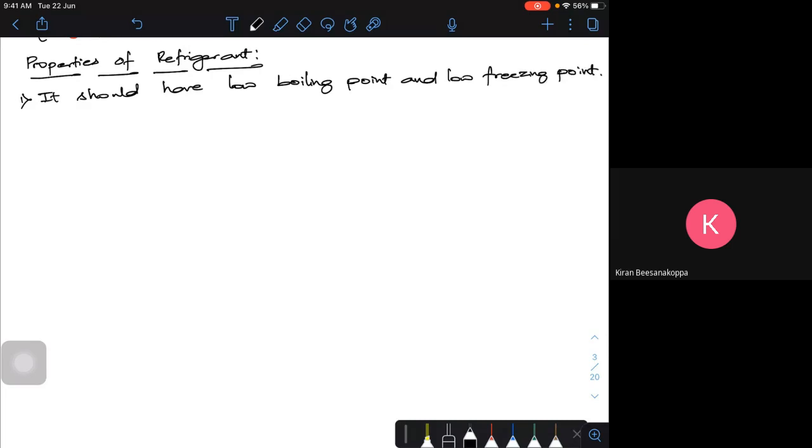Boiling point is the temperature at which your medium will change its phase. At atmospheric pressure, we know the boiling point of water is around 100 degrees Celsius. If I try to bring down the pressure, what will happen? The boiling temperature, or saturation temperature, will also go down.